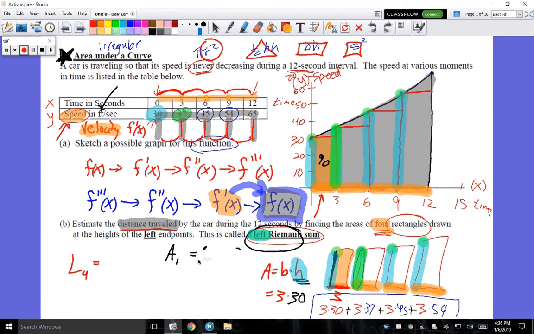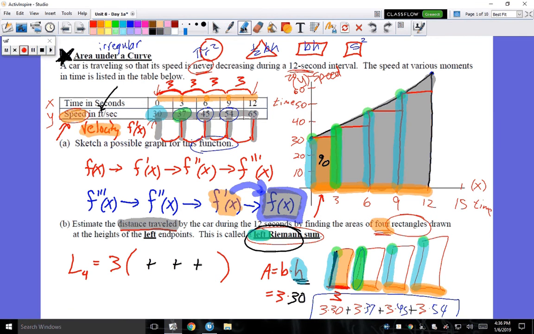Now, this is important. Again, I will remind you, not always will these jumps be perfectly equal. Sometimes it could be 3, 5, 10, back to 3. But for this case, because they are, I'm going to GCF a 3 out, and I'm going to worry about these 4 y values that I'm going to be putting in. And again, they're the left Riemann sums.